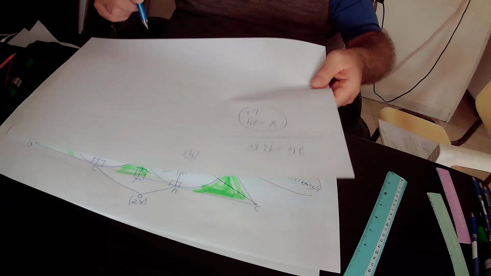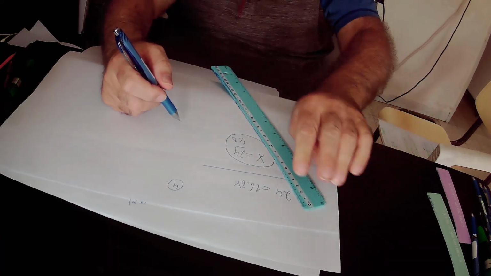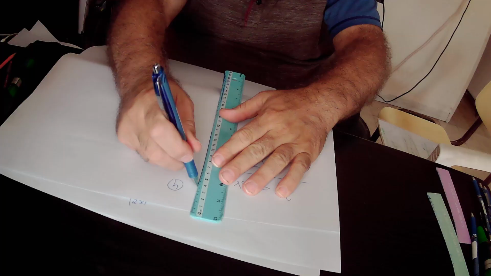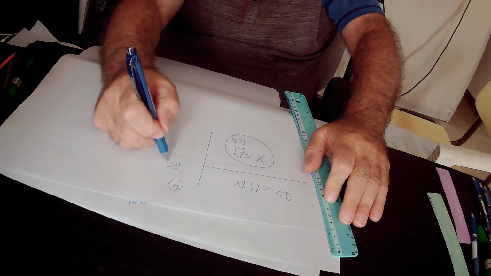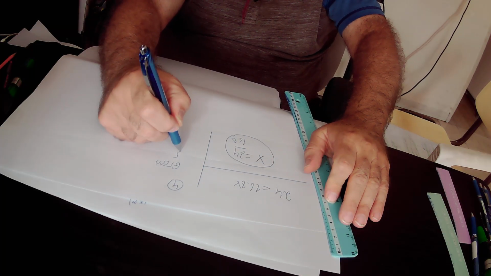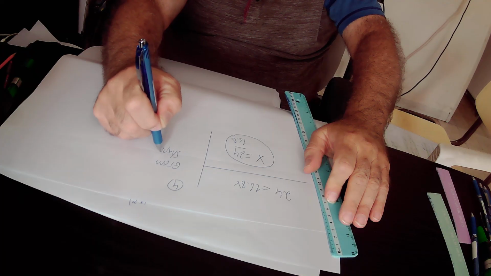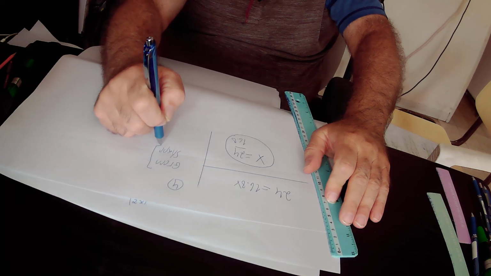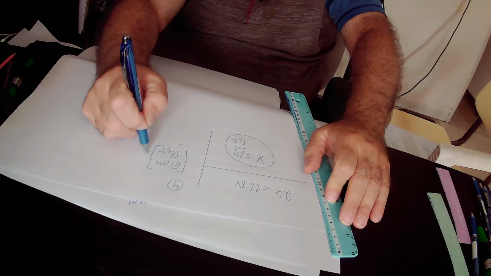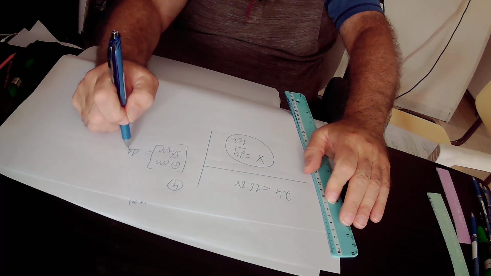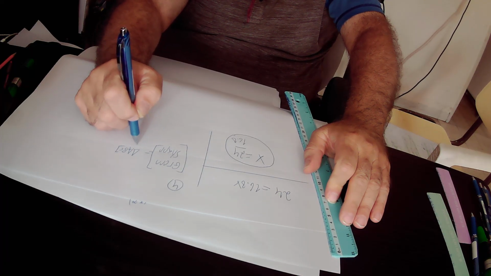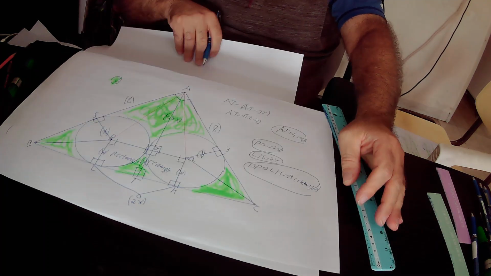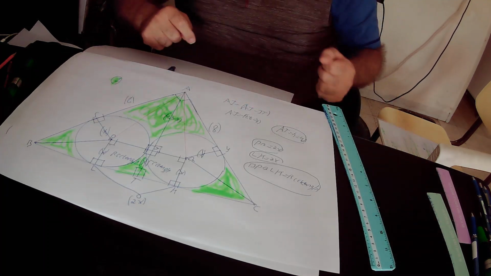The area of the green shape in total is equal to the area of the big right triangle ABC minus the sum of the areas of those two circles.